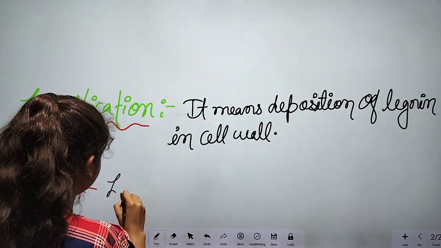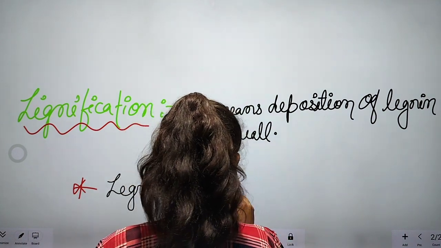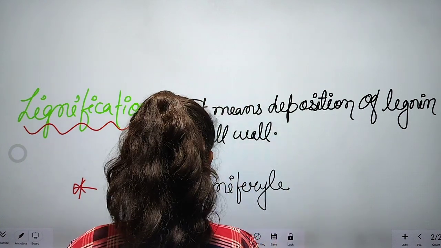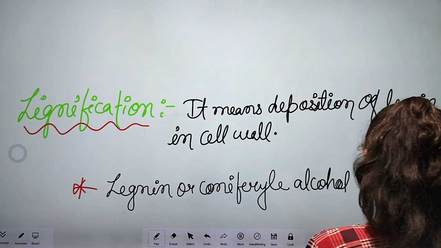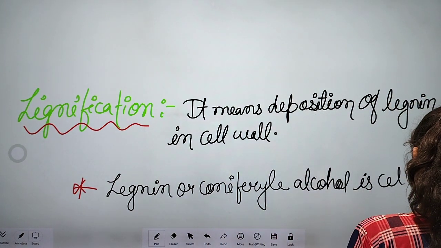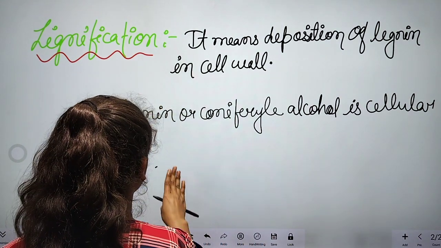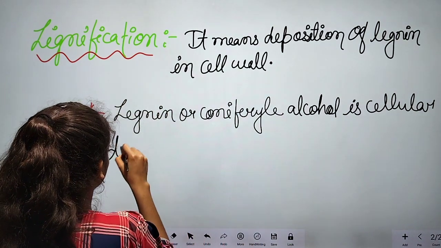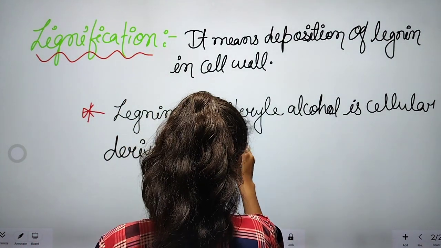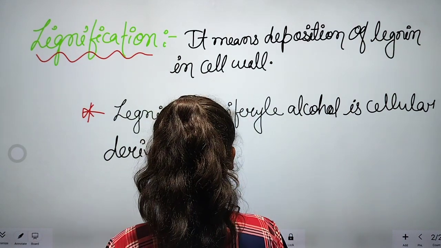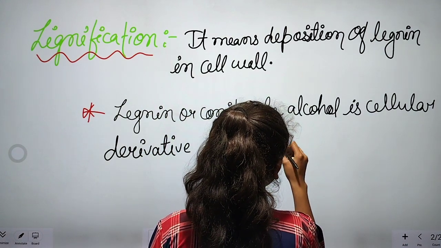Our next point is that lignin, or we can also say coniferyl alcohol, is a cellular derivative of carbohydrate.